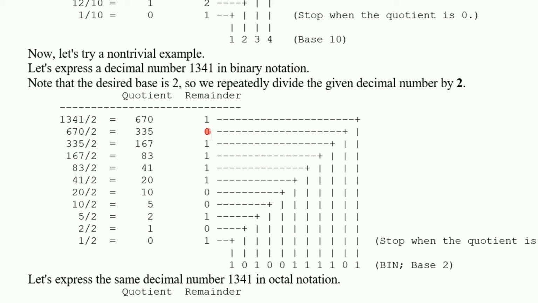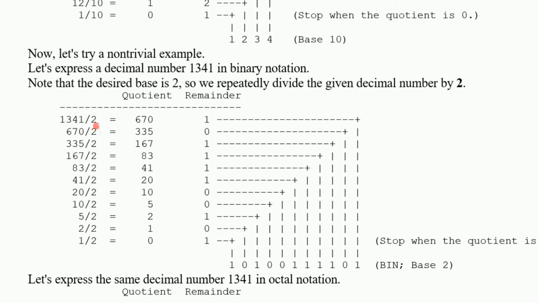And that we will keep as it is. Then 670 by 2 is 335, the remainder is 0. Again 335 by 2 is 167, the remainder is 1. Every time we divide by 2 and take the quotient to find the next number.